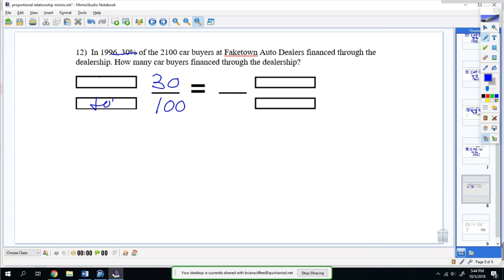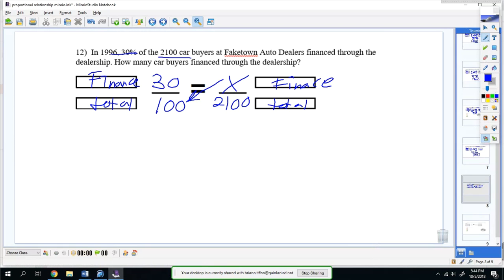Okay, so that's your total. And then there was a total of 2,100 cars. And I want to figure out how many actually financed. So 30% of them finance. So finance goes on top.